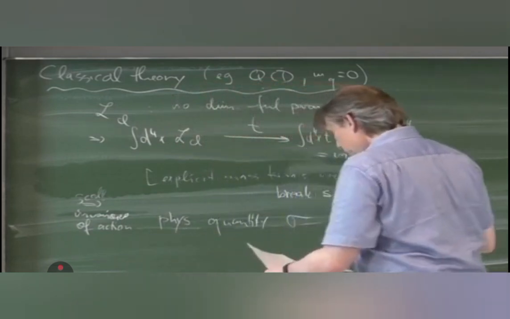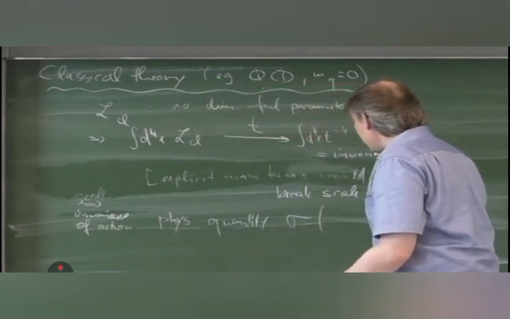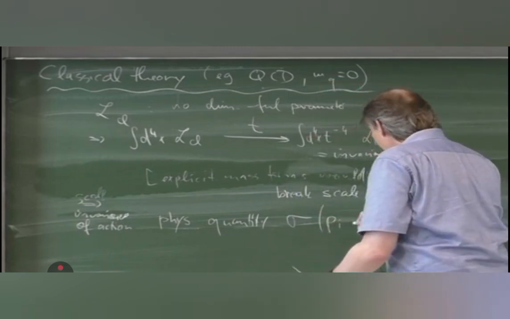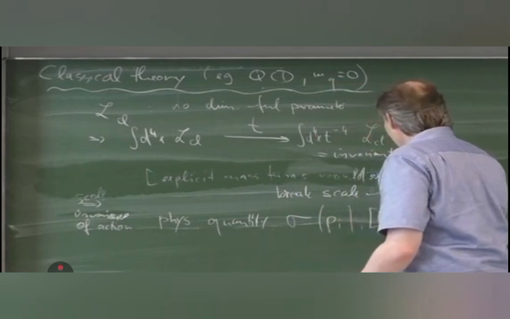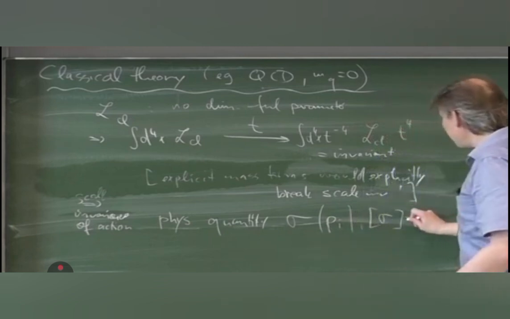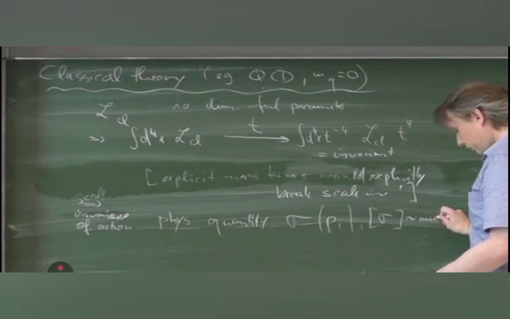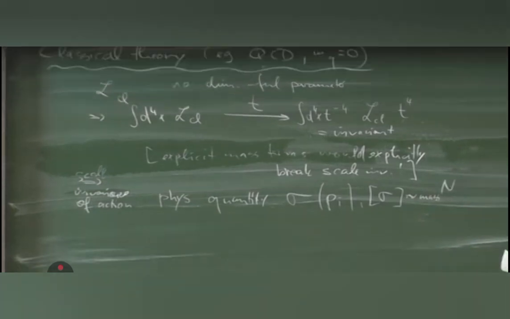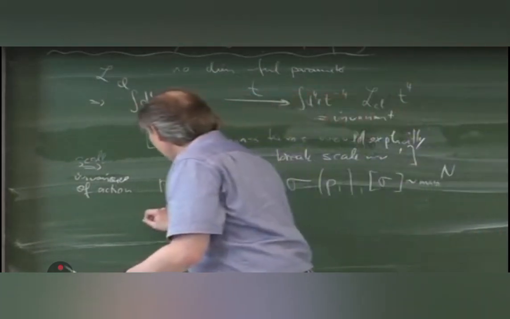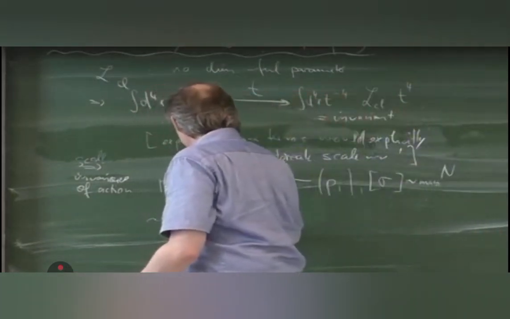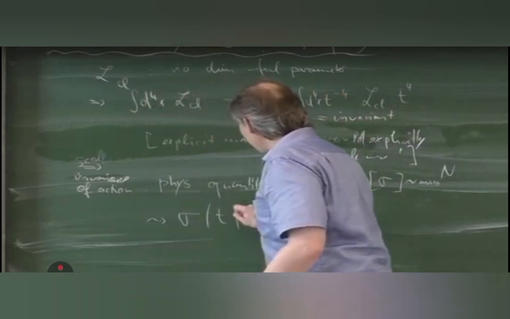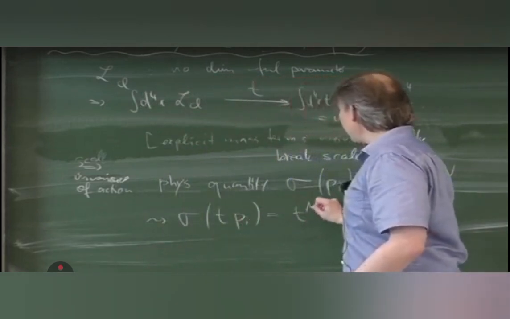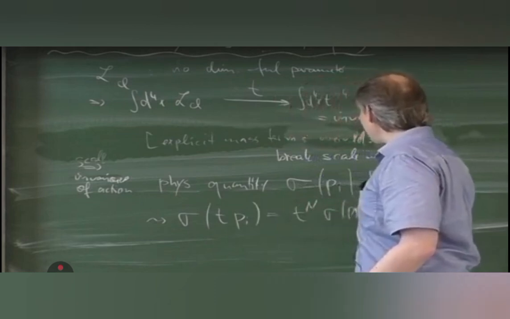A cross section, for example, or any quantity sigma, depends on some set of momenta and has a certain mass dimension, some power capital N. As follows: sigma is a constant times the momenta to that power. That is the simple case.